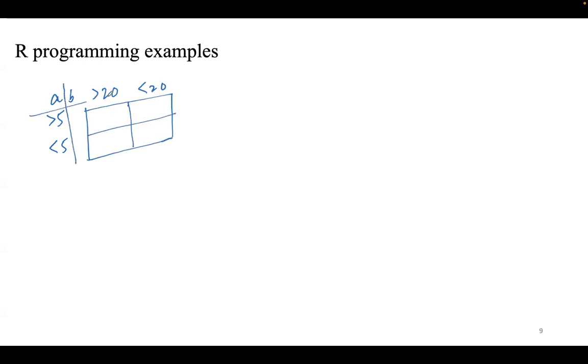So now A greater than 5 and less than 5, these were our two conditions, and B greater than 20, less than 20, these were our two conditions, right? So this is how I am writing it. Now it is possible that both the conditions are met.